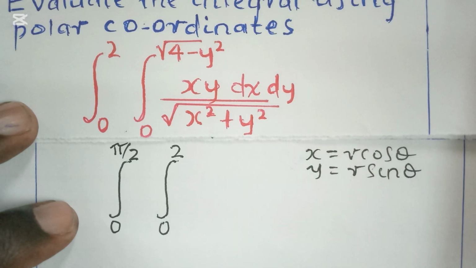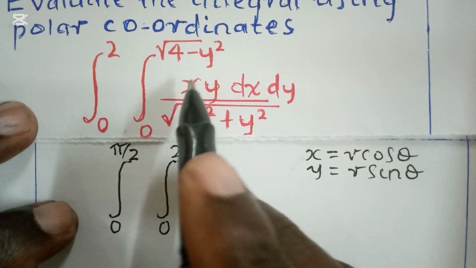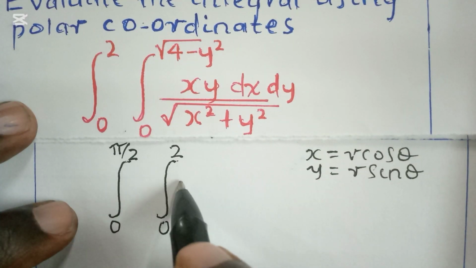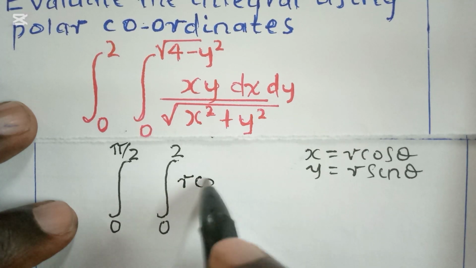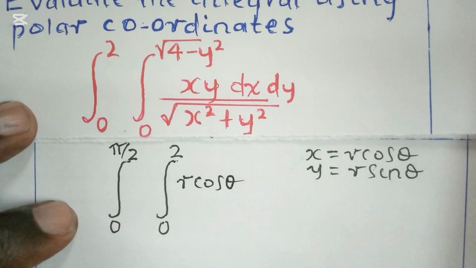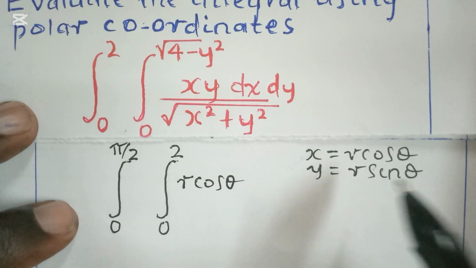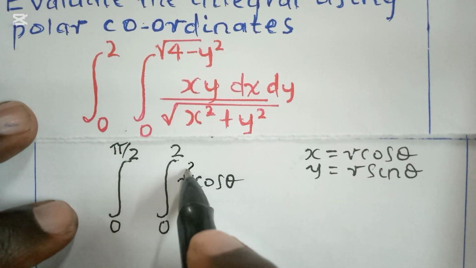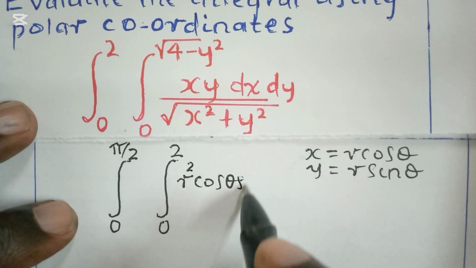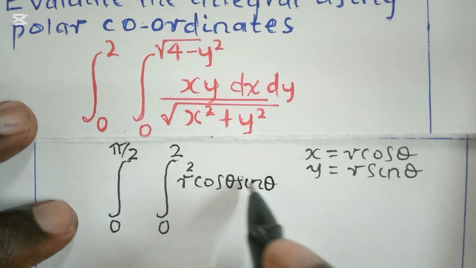So guys, we can come and replace these ones. x is r cos theta, like that. The y is supposed to be r, so I can put square and then sine theta, like that.